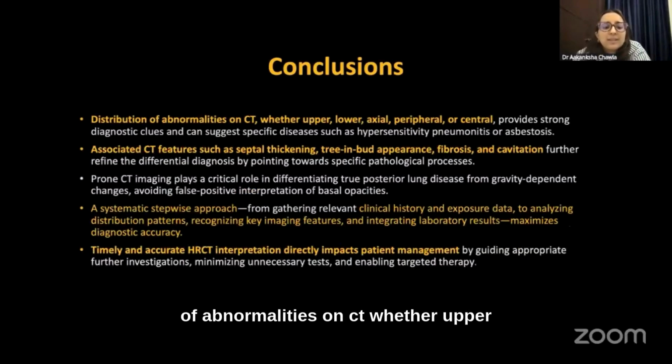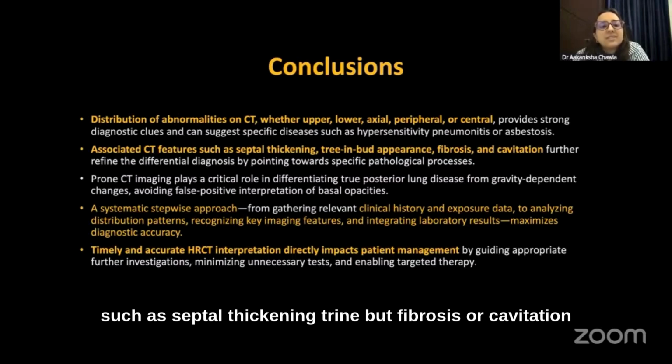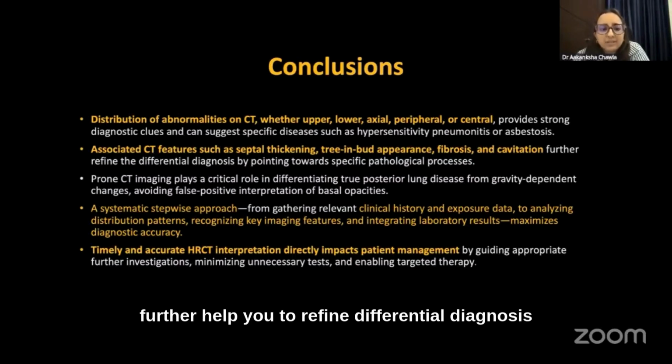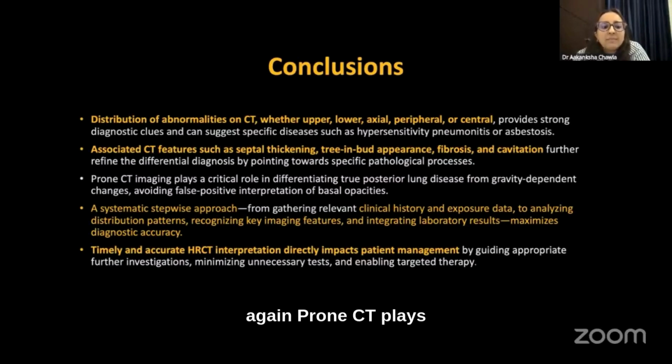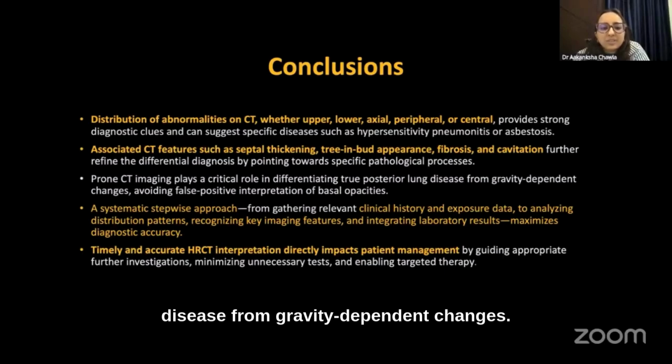Distribution of abnormalities on CT, whether upper, lower, axial, peripheral, or central, provides a strong diagnostic clue and can help you suggest certain specific diseases such as HP or asbestosis. Associated CT features such as septal thickening, tree in bud, fibrosis, or cavitation further help you refine the differential diagnosis. And prone CT plays a critical role in differentiating true posterior lung disease from gravity dependent changes.